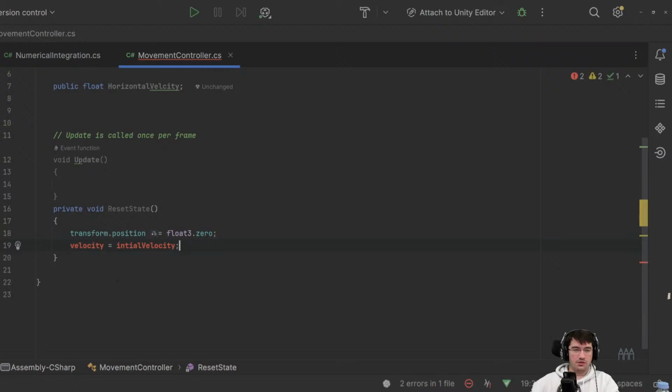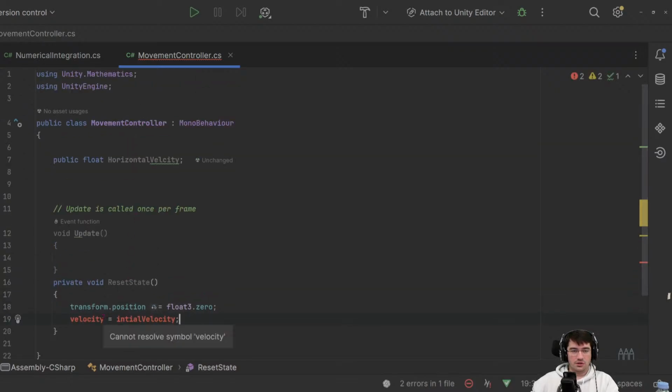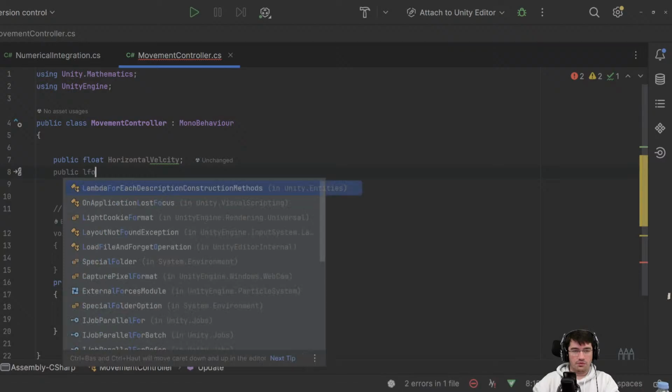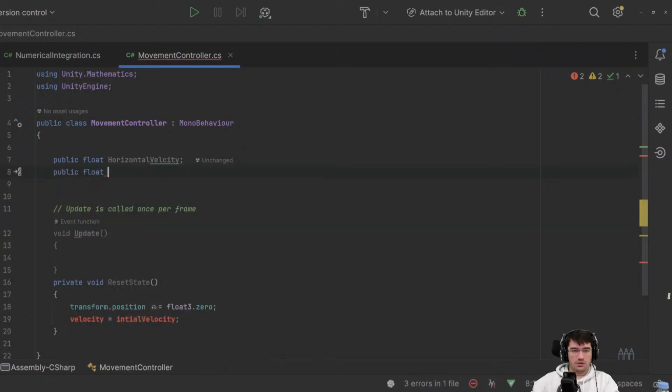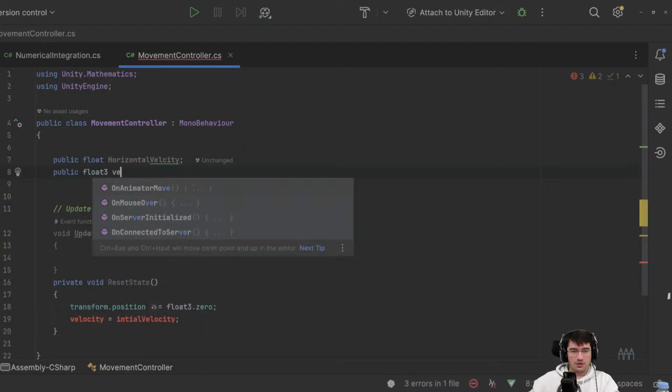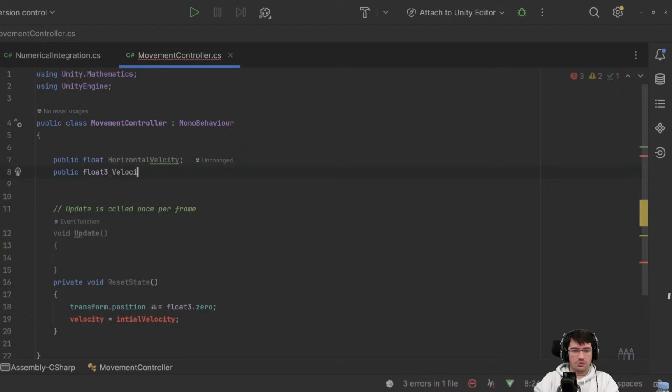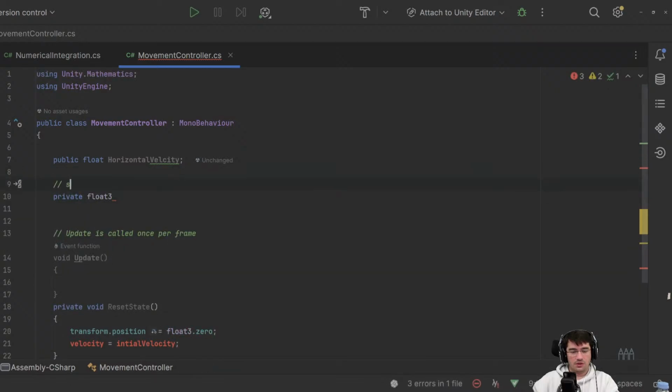And we'll set the velocity equal, so we need a public float3 velocity. Actually, that needs to be private. That can't be private because it's state data.